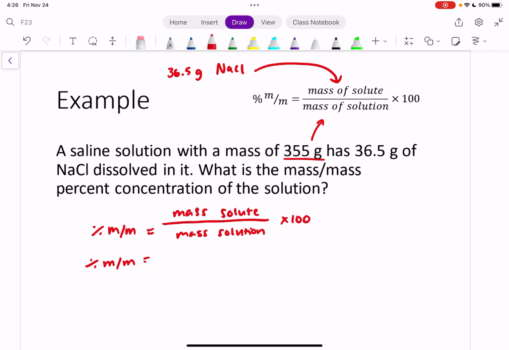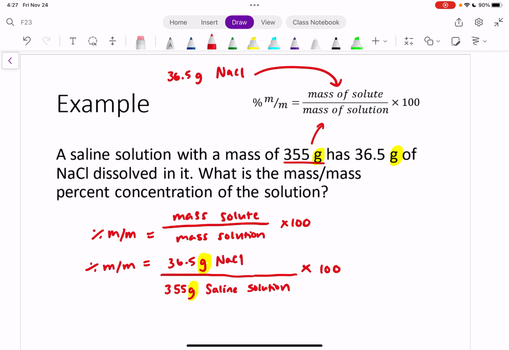So percent mass by mass composition is 36.5 grams of NaCl over 355 grams of saline solution. Now notice that our units are grams and grams. So I have those written here in our equation. That's really important because later we're going to have different units, right? For mass by volume or volume by volume and stuff like that. So we want to keep track of our units.